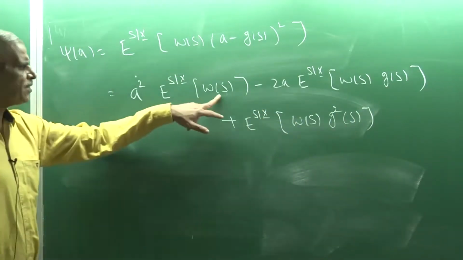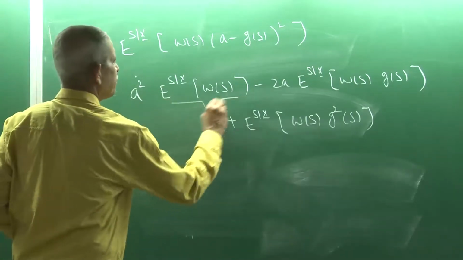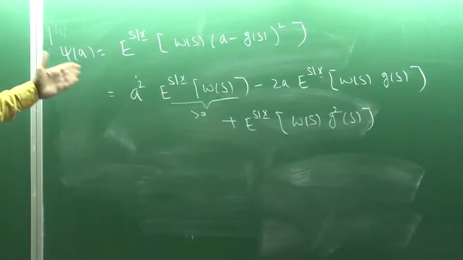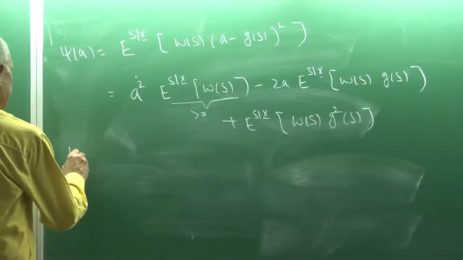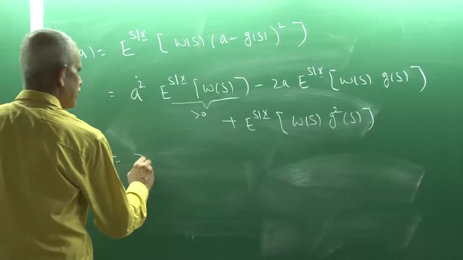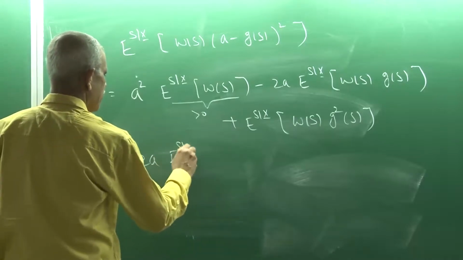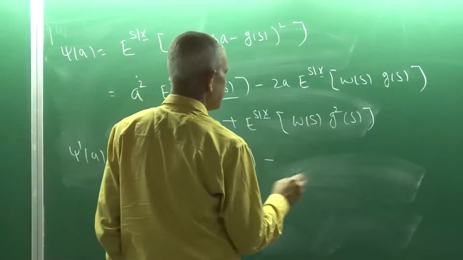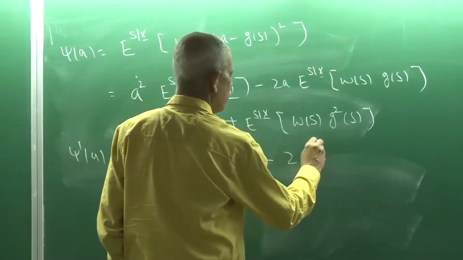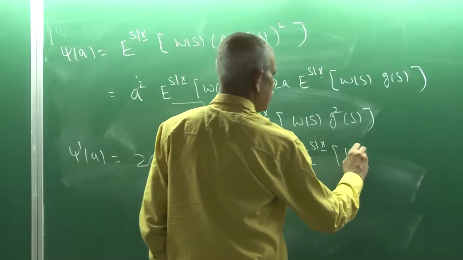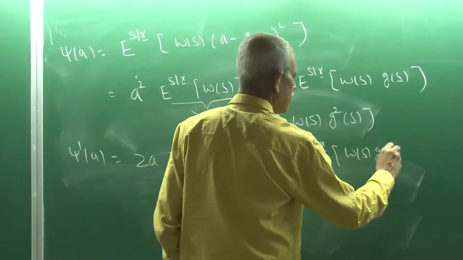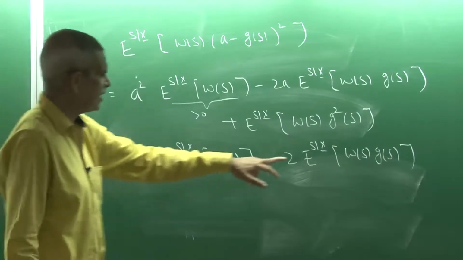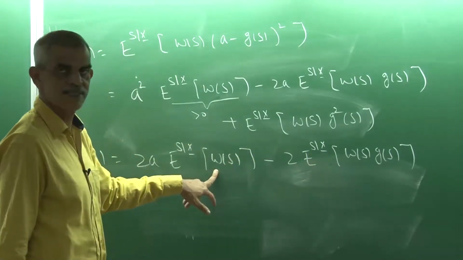W is a positive function, so this quantity is going to be positive. So, I see its behavior. So, psi prime A is twice A E of S given X W of S minus twice times E of S given X Ws Gs. So, it is increasing if A is greater than this divided by this.